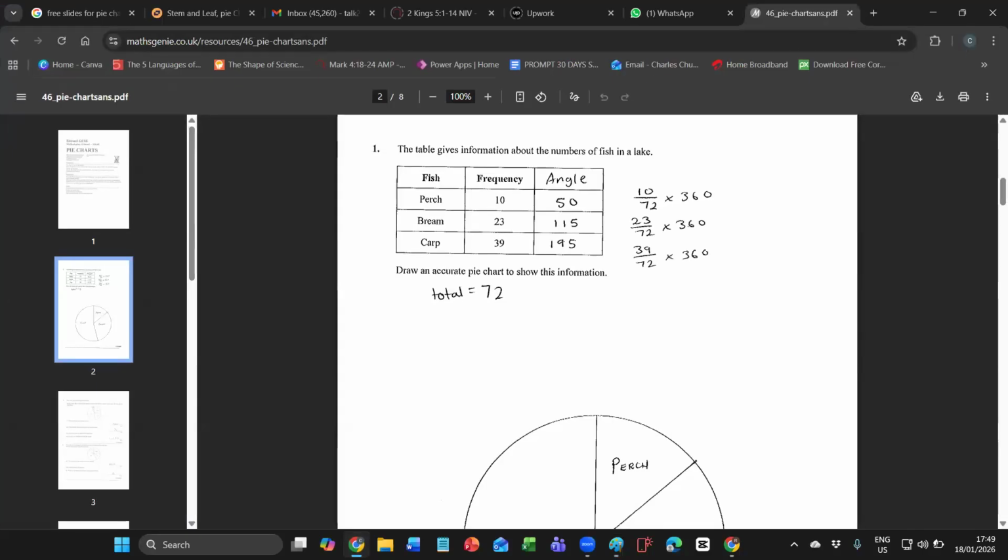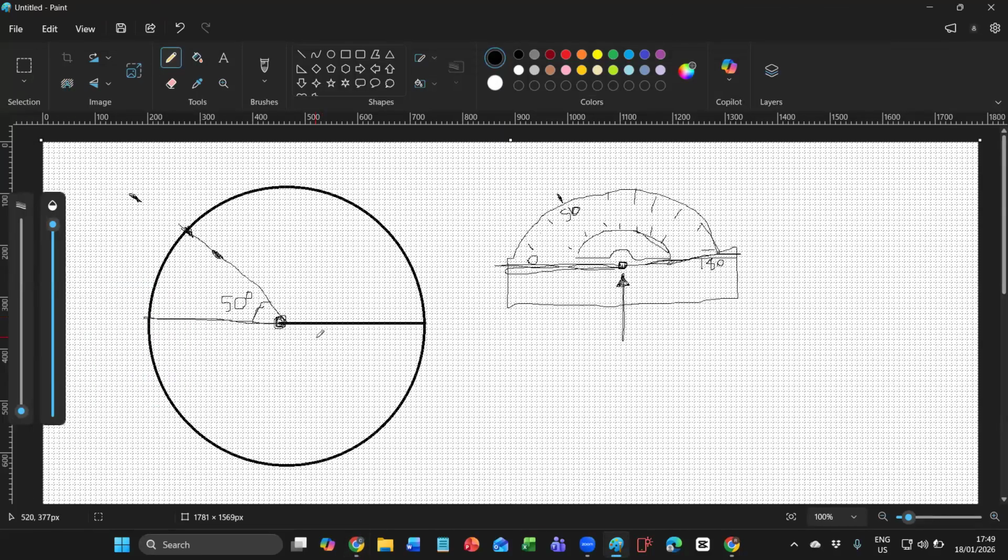The next one is 115. Guess what I'm going to do? I'm now going to rearrange my protractor to stay somewhere like this, and I'll count again from zero.